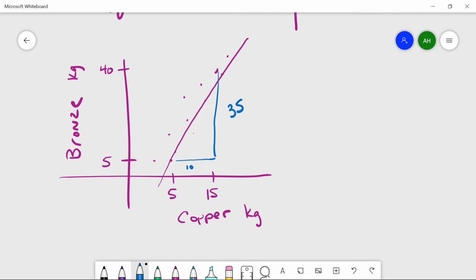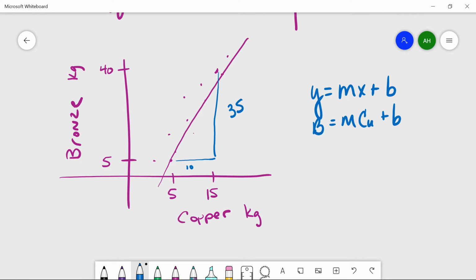If we look here, I've got my y equals mx plus b. Over here, my y-axis is bronze. m is going to be my slope. My x-axis is copper, so we're going to put the Cu in there for the copper, and then there's the b.